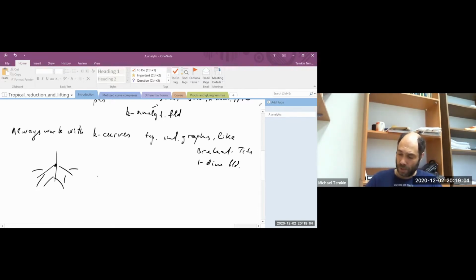Vertices of this graph are called points of type 2, by the classification of points on a curve by Berkovich.